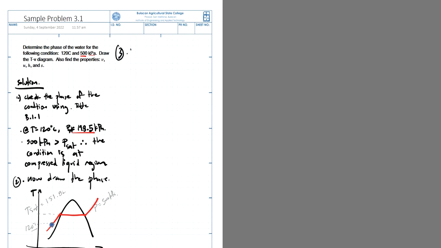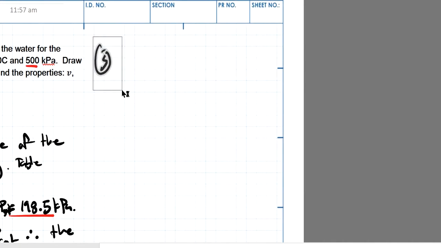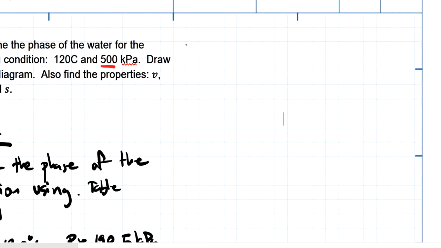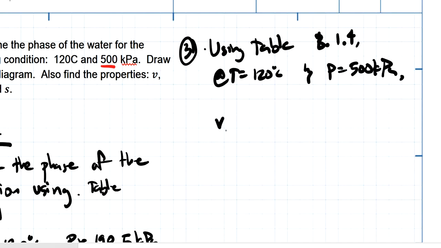So using table B.1.4 at T equal to 120 degrees C and P equal to 500 kPa, what's going to be the value for V, U, H, and S?